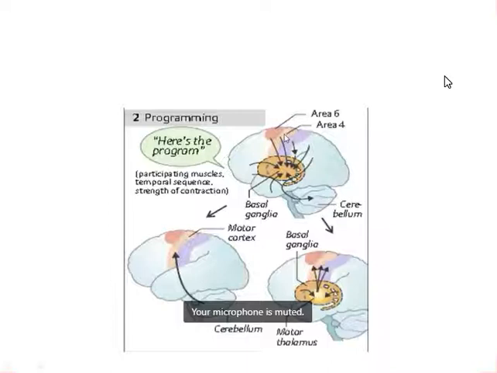If the situation is not good, then you will not execute voluntarily, but the motor activity that you want to do is already set up by the cerebellum and the basal ganglia. Whether you want to execute or not depends entirely upon the motor area present in your cerebral cortex. Am I clear?